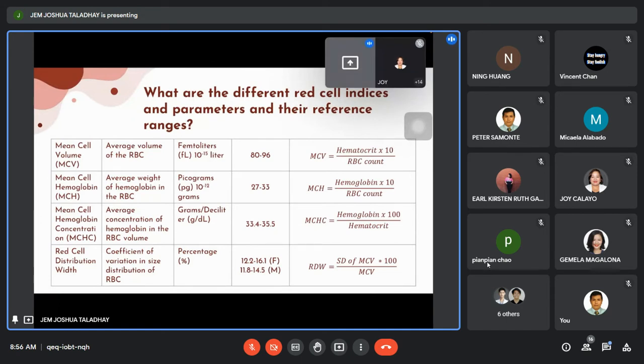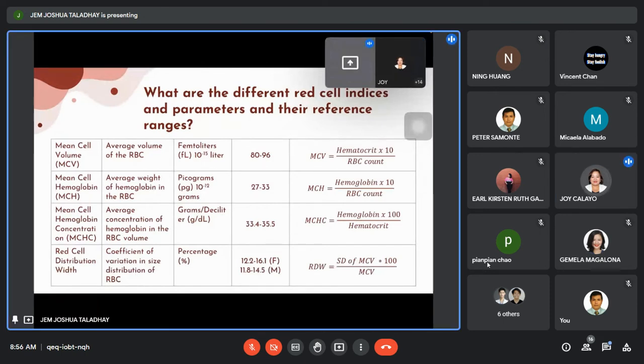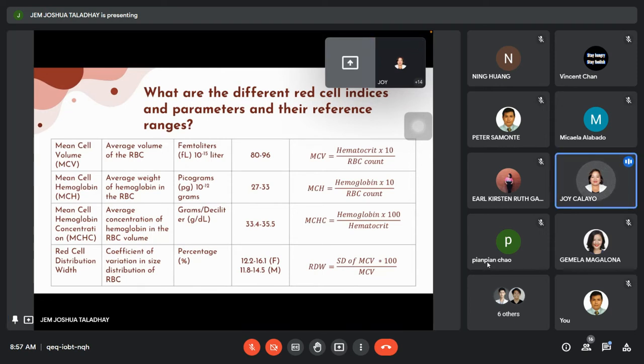Due to this, there would be an increase in the free erythrocyte protoporphyrin and the zinc protoporphyrin po. So an increase in zinc protoporphyrin, but a decrease in zinc levels in totality po.